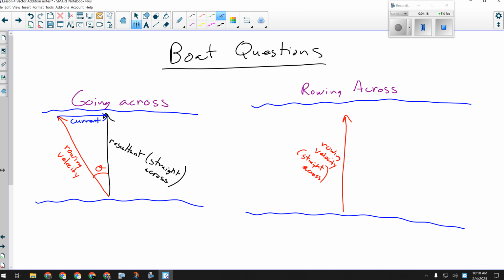The current, as it would always do, would push me downstream. And my resultant would go this way.